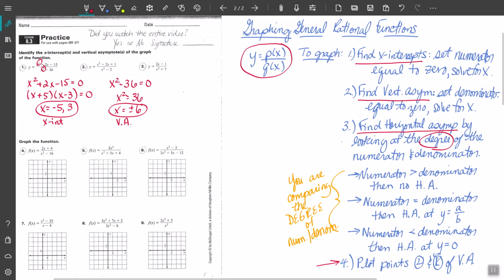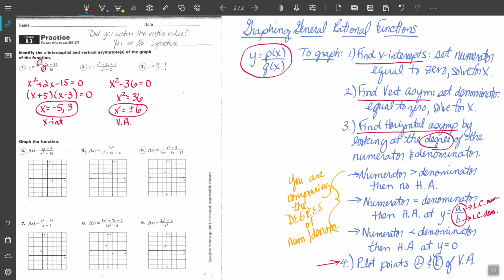So we have a scenario that looks like the second one down here. If the degree of the numerator equals the degree of the denominator, then the horizontal asymptote is at y equals a over b. A and b just refer to the lead coefficients. A is the lead coefficient of the numerator, and b is the lead coefficient of the denominator.